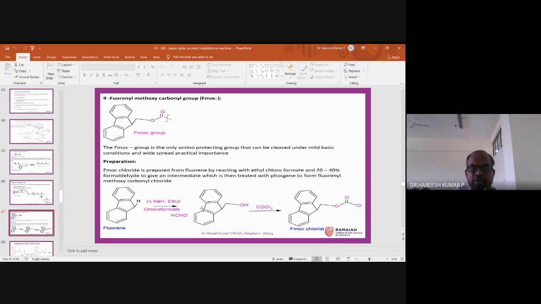Now let's look into how Fmoc chloride is synthesized. So this is fluorene. This was treated with a base. Sodium hydride is a base.